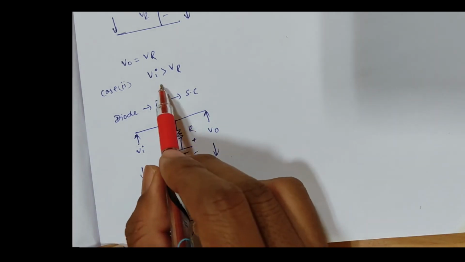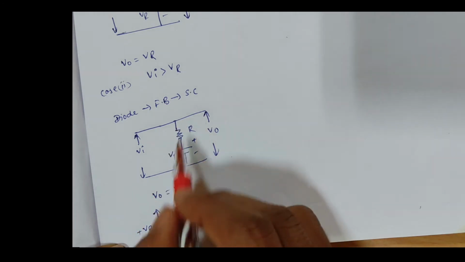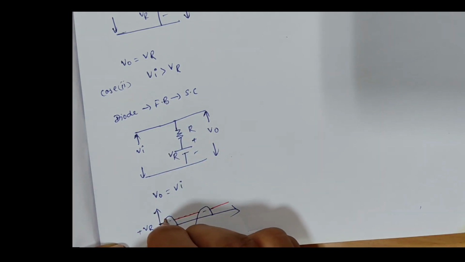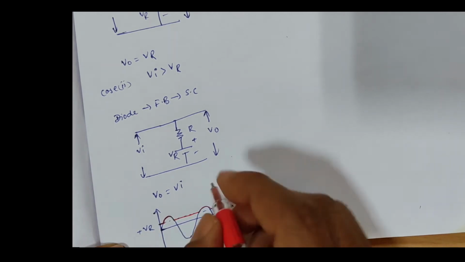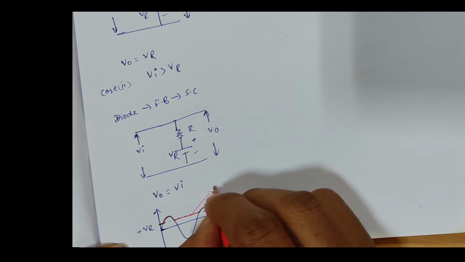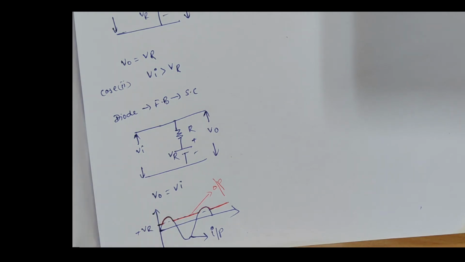Next, coming to case 2, Vi is greater than VR. When input is greater than the reference voltage, output equals to Vi. Whatever we applied will appear at the output. So we'll get this kind of output, and this blue color indicates the input. So this is about the biased negative clipper with positive bias.